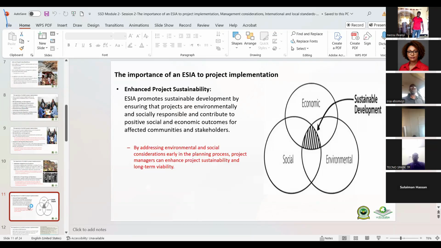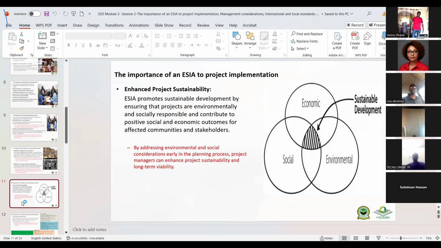So by addressing environmental and social issues early in the planning process, project managers can enhance project sustainability, because the social aspect complements the economic aspect and also the environment. So you're good to go with that if you're the project manager.